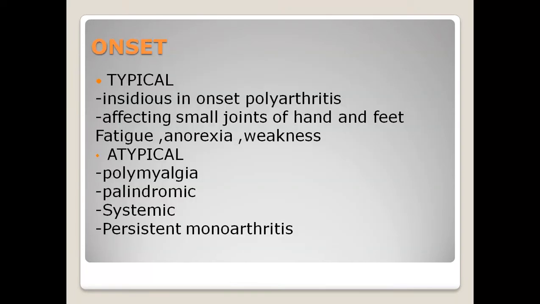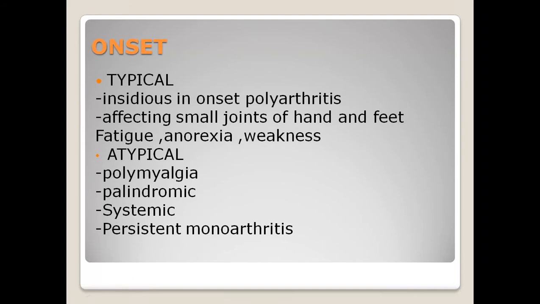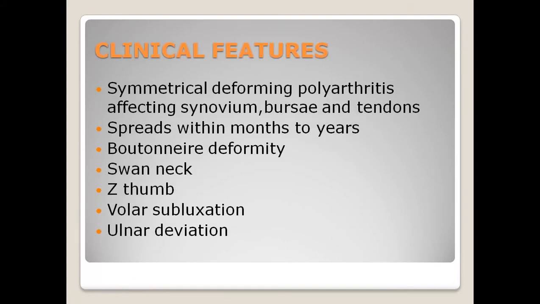The onset, the typical and atypical conditions. Typical is insidious in onset, polyarthritis affecting small joints in hands and feet, with fatigue, anorexia, and weakness. One point here is that the typical involvement is symmetrical. The atypical is polymyalgia, systemic, and persistent monoarthritis.